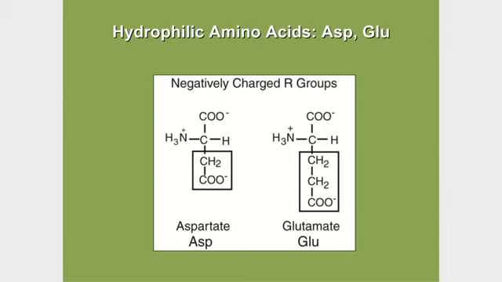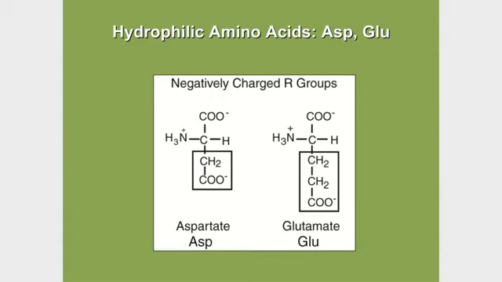So aspartic acid is the same thing as aspartate. It just depends what the pH is. Glutamic acid is the same thing as glutamate. The -ate is the salt form of glutamic acid, but they are one and the same molecule, and it depends on the pH whether it's ionized or not.